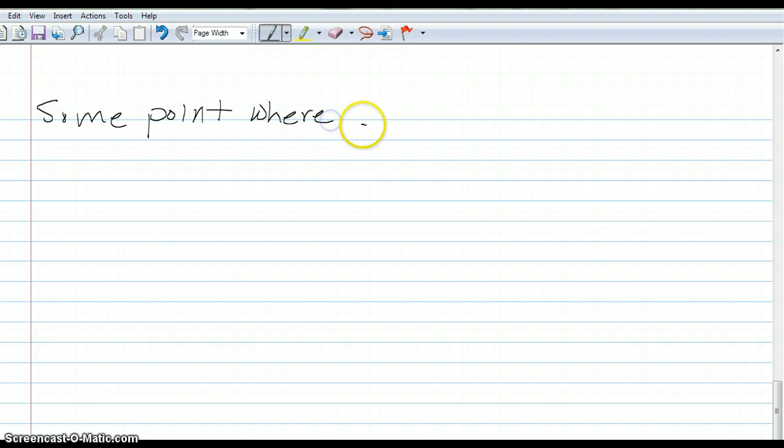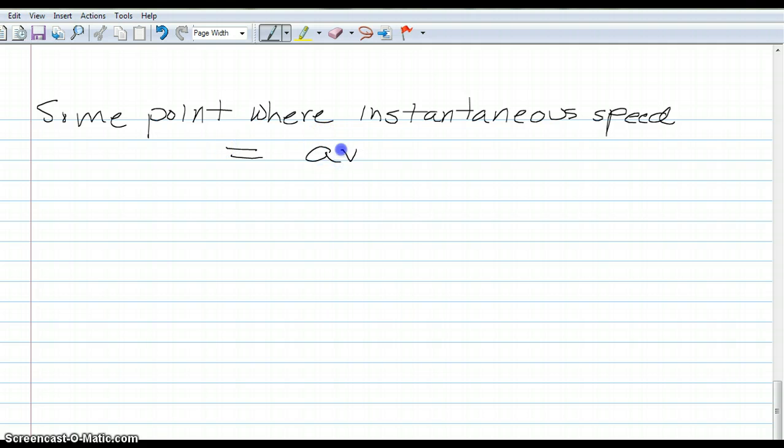So the whole idea is that there's some point where your instantaneous speed is equal to your average speed.